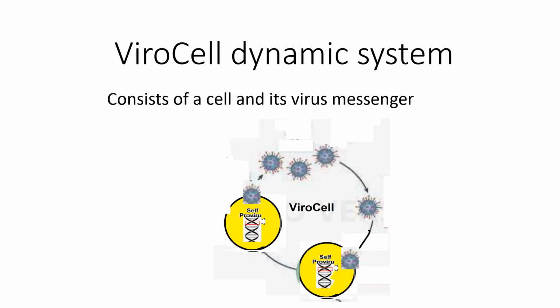First, I introduce the concept of the virus-cell dynamic system. It consists of the cell and its viral messengers, and it acts as one system, and you can understand its dynamics only by considering all its participants, like the viruses and the cell.